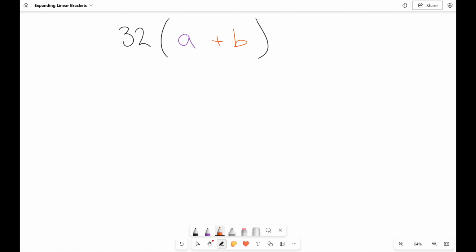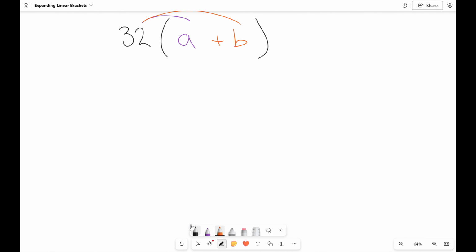Okay, before I give you some questions to practice, I just thought I should show you another example. This is with no numbers in the brackets, they're just letters. It is still linear because the highest power involved in these things is 1. As soon as we hit 2, it's quadratics for the powers.